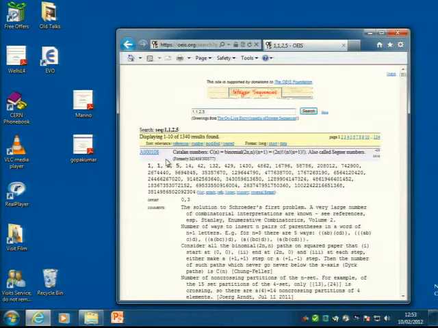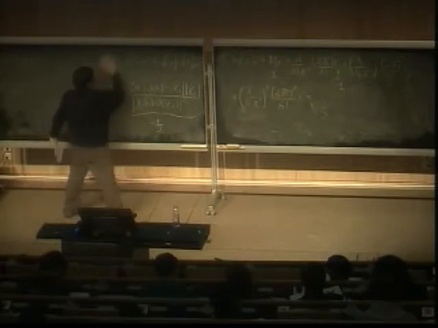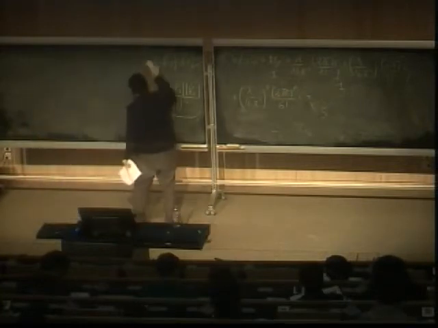Now, if you are very lucky, and I am usually very lucky, you just get the first one, right? And you see that the first one is telling you that this Cn should be the Catalan numbers. So the first one is nice.